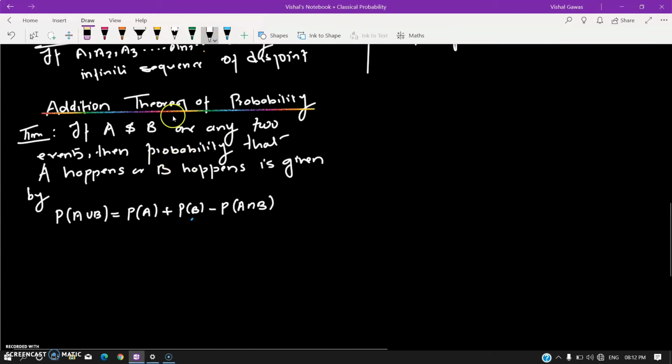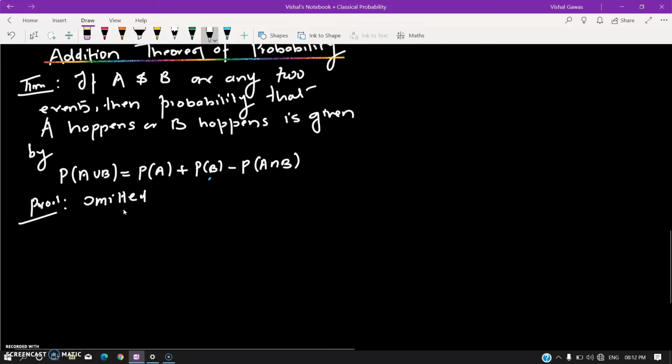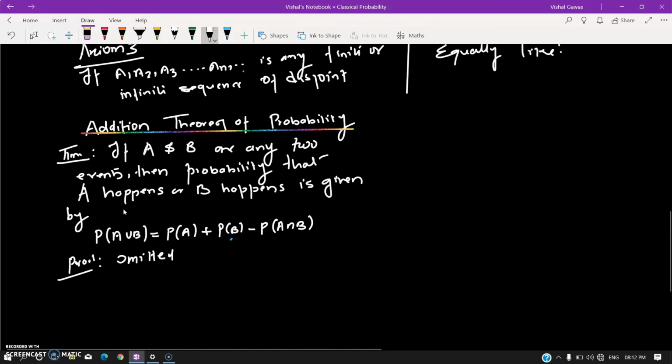What it means is, if I have two events A and B, then the probability that A happens or B happens, that means either of them happens, is given by the probability of A plus the probability of B minus the probability of A and B happening together. That's the idea. The proof is omitted.